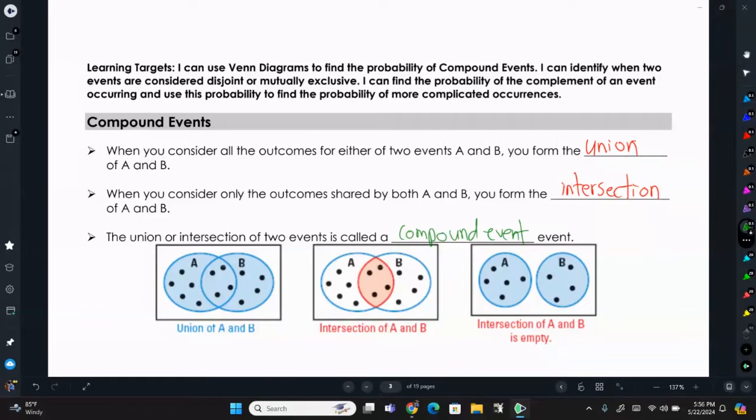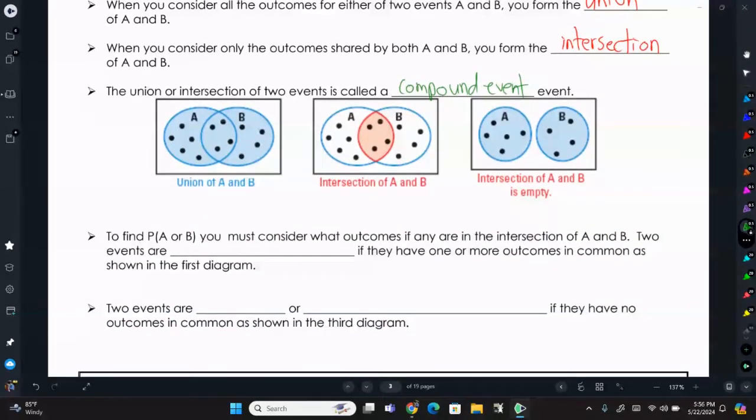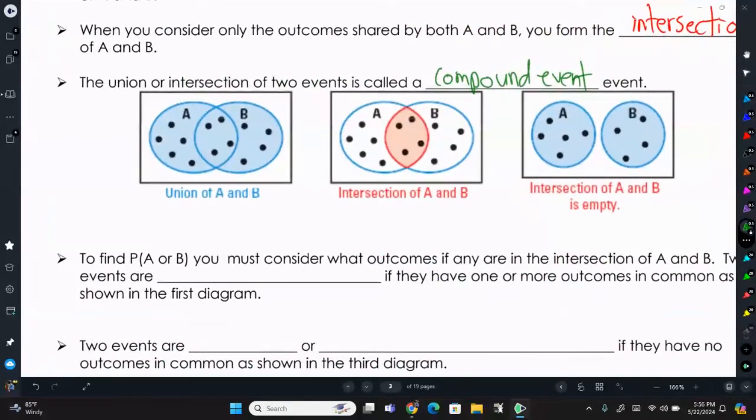And over here we have a picture that helps represent what's going on. So we have two events, and if there is some overlap, it would look like this first picture here, the union of A and B, where we have everything that is in both Venn diagram circles. We learned about Venn diagrams many years ago, and the dots that are in the middle belong to both events.